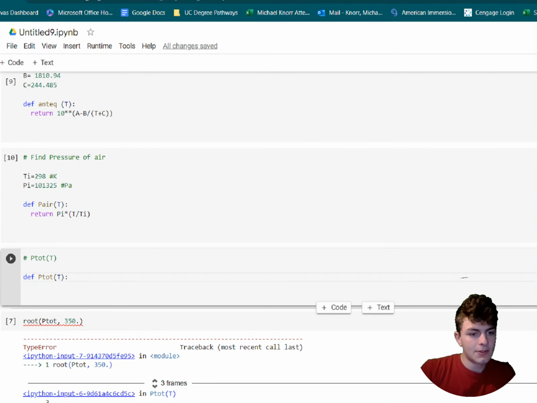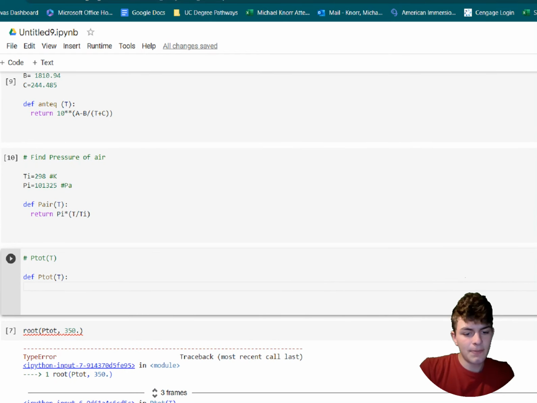Wonderful. So then we're just going to go ahead and define P total here, and we'll say it returns the pressure of air as a function of temperature plus the Anton equation as a function of temperature.